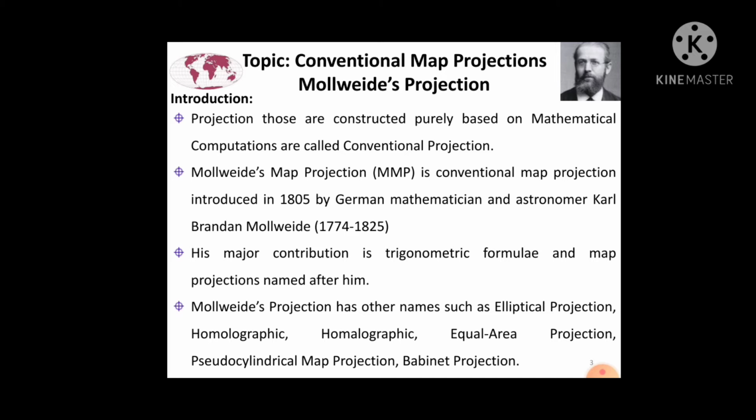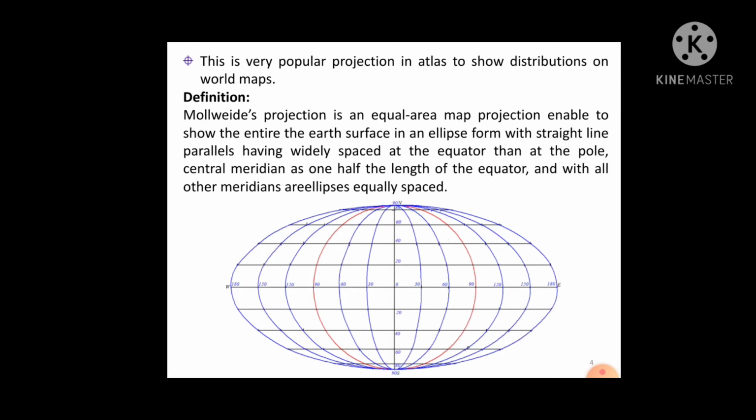The Mollweide projection has other names such as elliptical projection, homolographic projection, homolographic equal area projection, pseudo-cylindrical projection, and the Babinet projection. So these are the different names. This is a very popular projection in atlases to show the distribution of world maps.